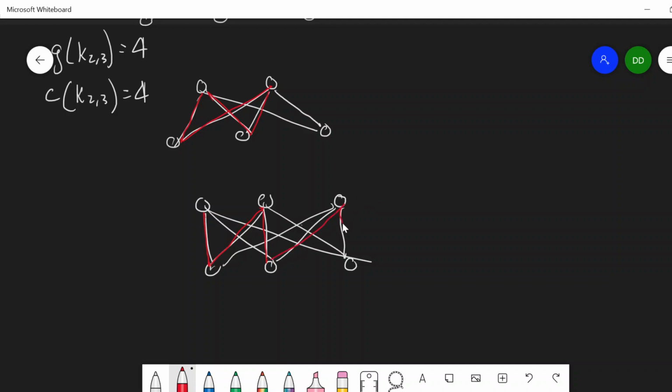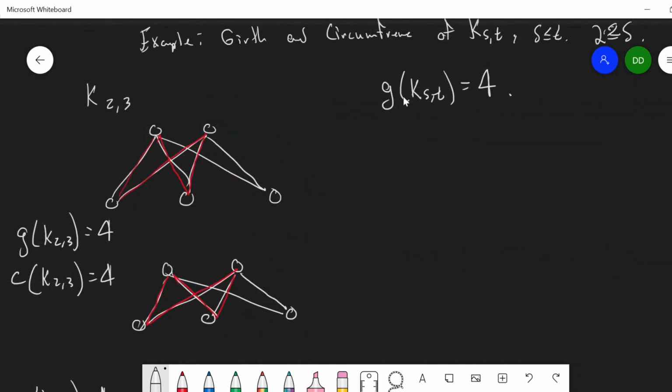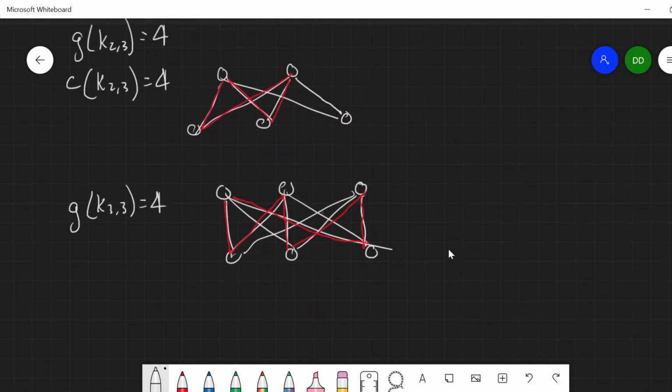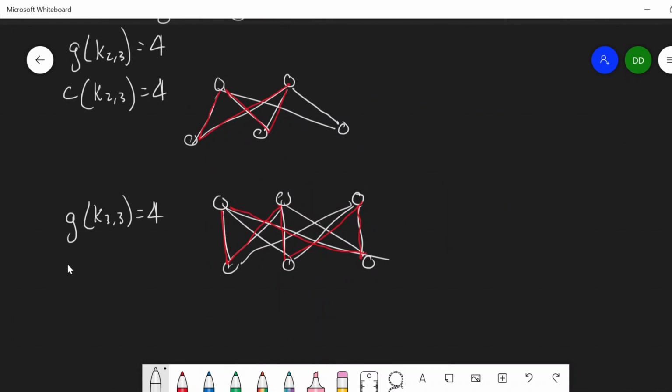Go over here, back, and then back to my original vertex. So it looked like here the girth again is 4. The girth of K3,3 is equal to 4. And in general, again, that's KST, the smallest possible cycle is 4. The circumference, though, of K3,3, in this case, was 6.